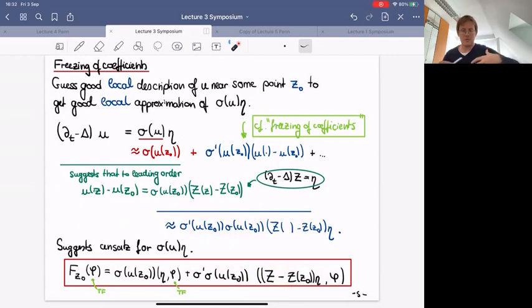The slide is really important for me, and it's such a conceptual thing that I want to make sure that everybody understands this. The structure of the local expansion that one guesses here is very similar to what we already had, both in the rough path case and in the Taylor polynomial case.